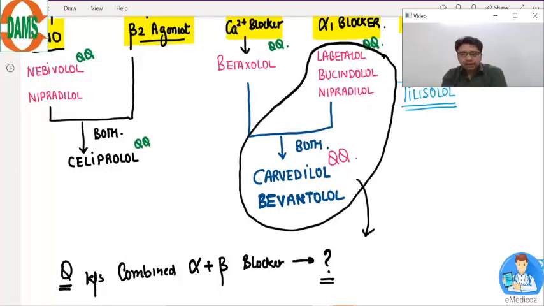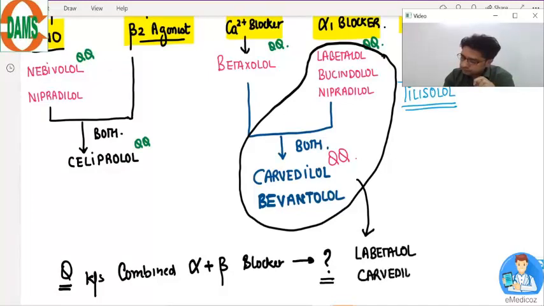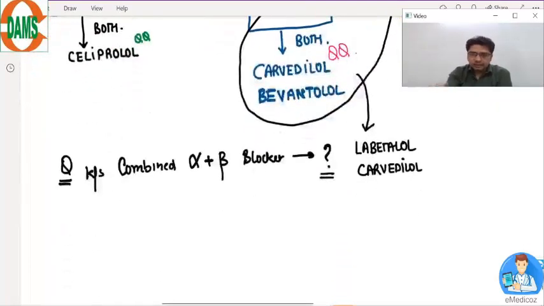These drugs are combined alpha and beta blockers, and you have to remember two names. One, labetalol, and the second drug you have to remember is carvedilol. I hope you have understood. And the last point here only we will write about carvedilol.